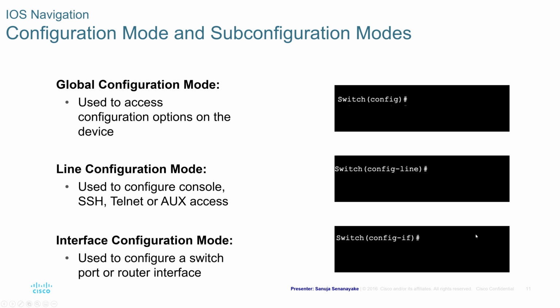You will enter IP addresses for that port, for example. And how you enter this config-if is by typing int, then you enter the switch port that you need to access. Again, I will do separate videos with demonstrations on how you can do all of these different modes and how you can navigate through them.